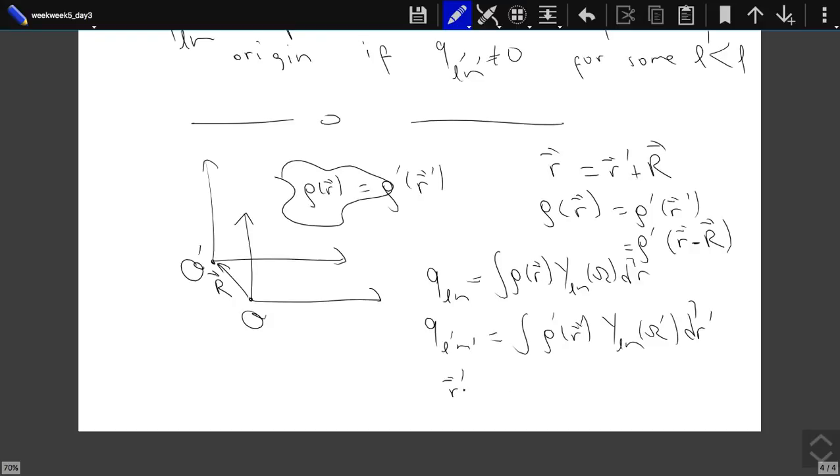Instead of r prime, let me write r minus small r. So Q_L'M' will be equal to the integral of rho prime of r minus R, Y_LM of omega of r prime minus R, d cubed r.